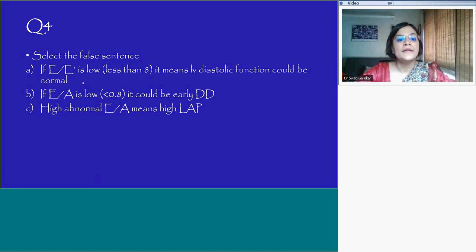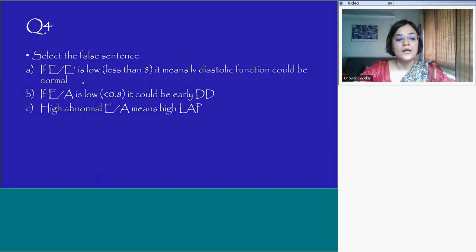E by E prime less than 8 means diastolic function is normal. It's a good cutoff. Even in pediatrics, in general, if the E by E prime ratio is less than 8, you're doing good as far as diastolic function, and then it goes up as diastolic dysfunction worsens.